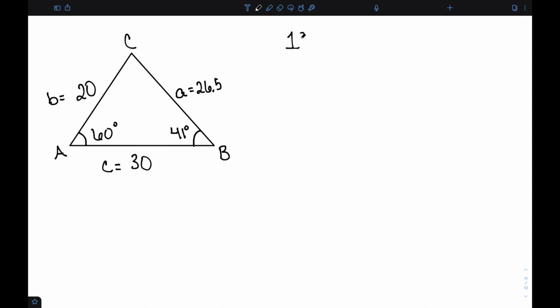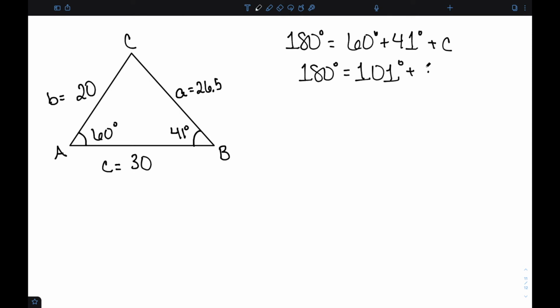Finally, we can find our angle C using the fact that the angles of a triangle have to add up to be 180 degrees. This tells me that 180 degrees is equal to 101 degrees plus C. Subtracting 101 from both sides gives me that 79 degrees is equal to C. So my final angle is 79 degrees, and I've solved this triangle.